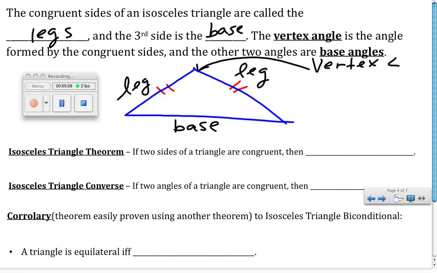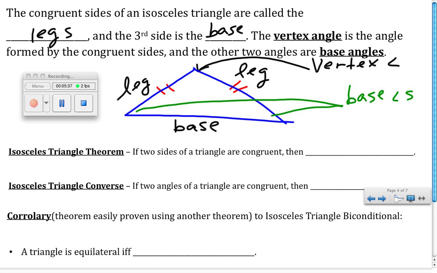Okay, so the base angles are these two down here, yes. And my diagram, as always, is far from perfect. But you can probably glance at it and conjecture something about those base angles. What do you think might be true about them?